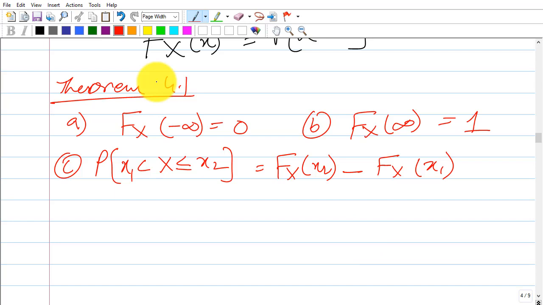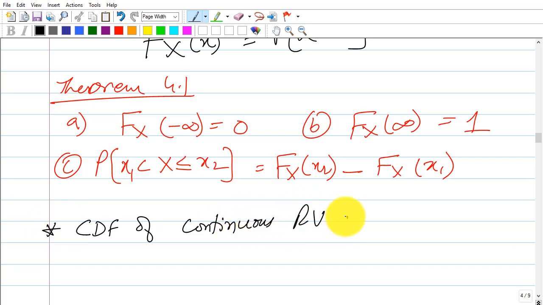Obviously remember that the CDF of a continuous random variable is also a continuous function.